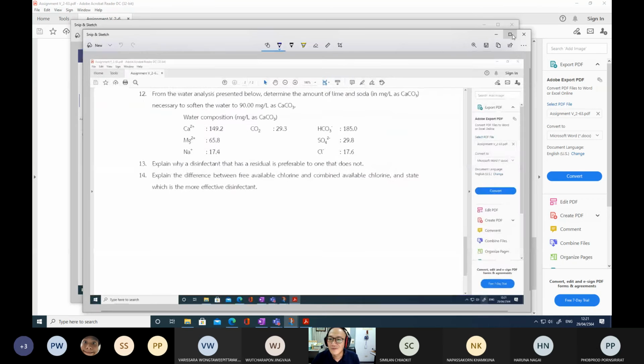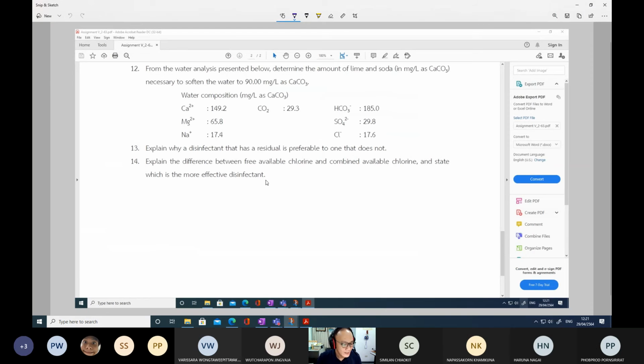First, what you really need to do. This one is already expressed in milligrams per liter as calcium carbonate. So in the first step, you have to start sketching the bar chart.